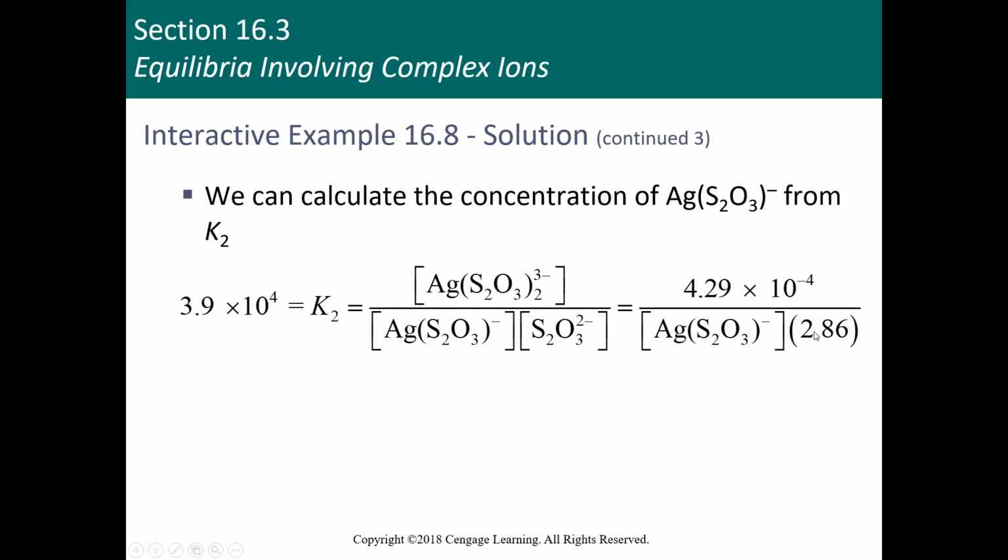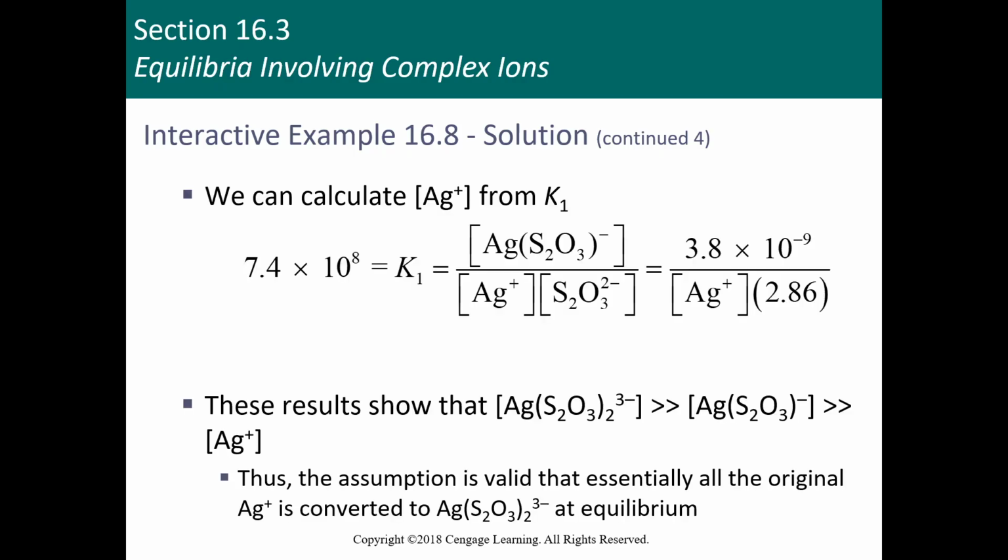Again, remember this did not significantly change from creating this. This was just too small a number. This means that this leaves us with this one value that we can solve for. So we take this, divide by this, we multiply that over, then cross divide, and we're left with 3.8 times 10 to the negative 9 molarity.